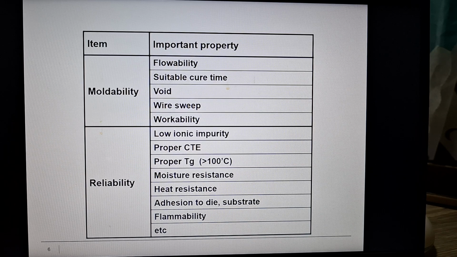And sweep means the movement of the wire from its original position, being swept away or displaced to a certain location because of the flowability, because of the force being applied to it. That's why it is moved from its original location.